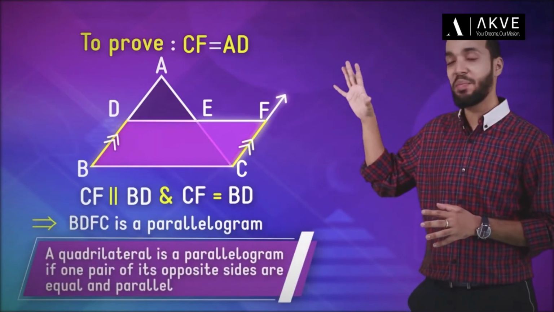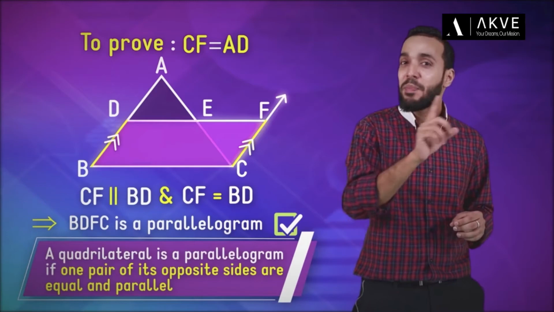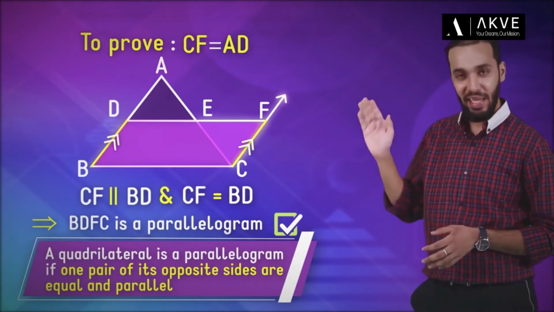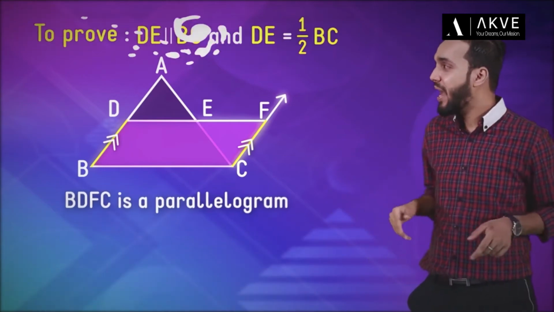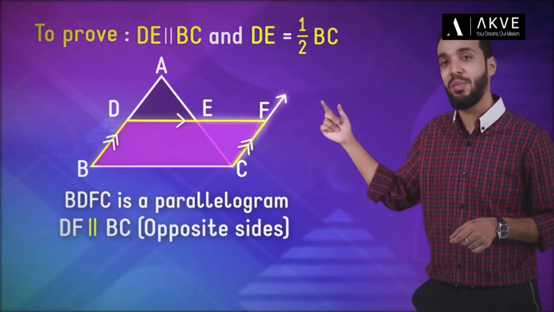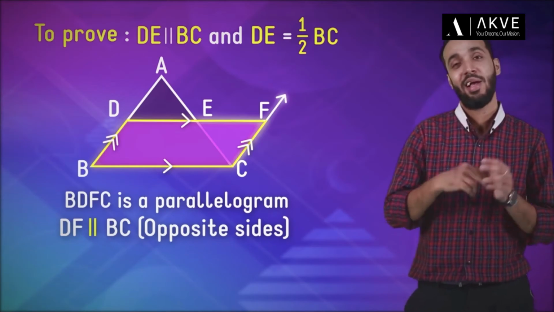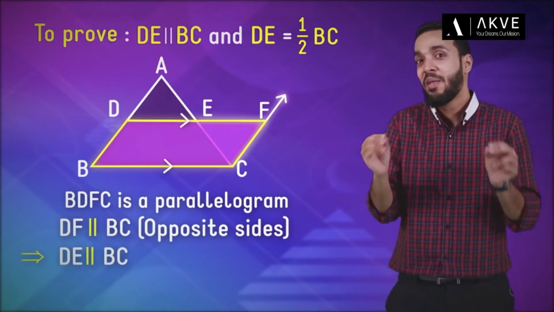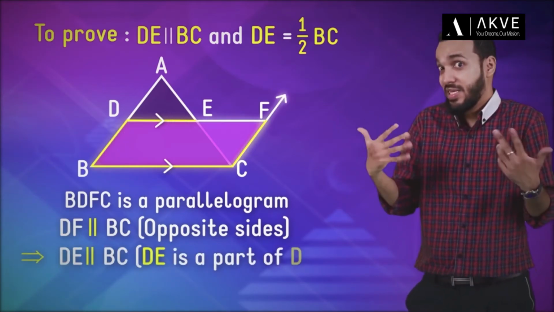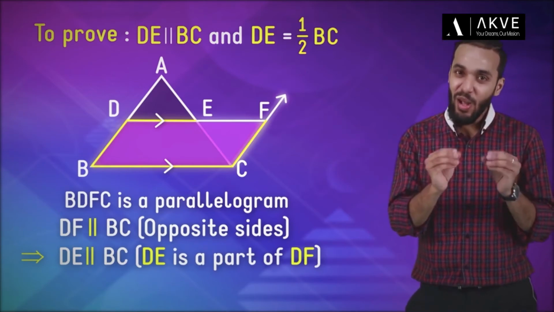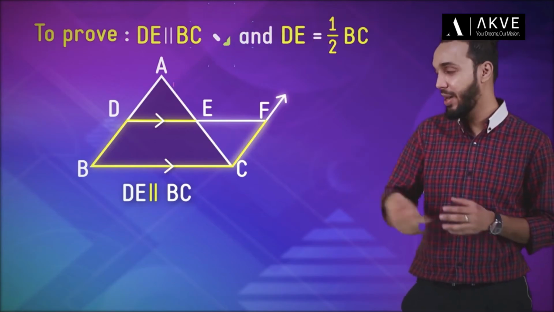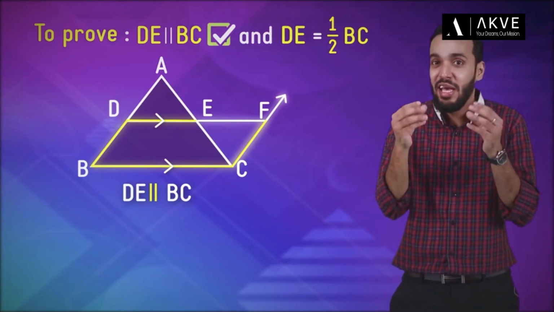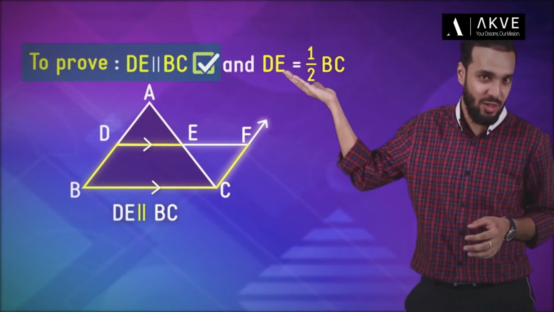BDFC is a parallelogram because a pair of its opposite sides are equal and parallel. This just indicates that opposite sides DF and BC are parallel. This further implies that DE, which is a part of DF, is also parallel to BC. We finally got it. Funnily enough, we have just proved the first part of the theorem.